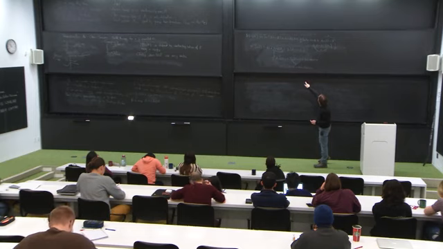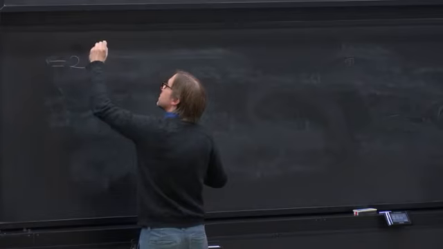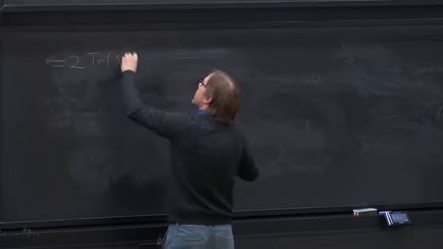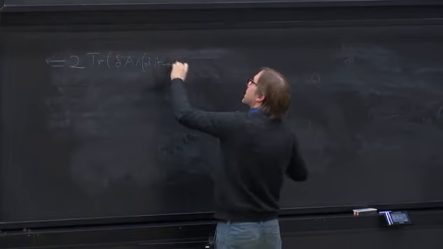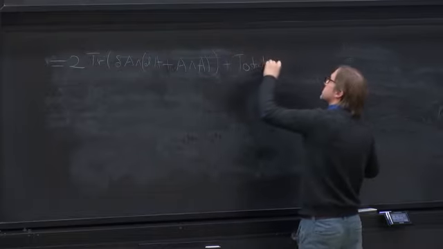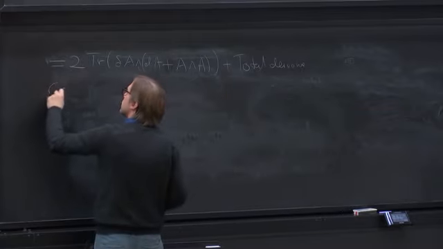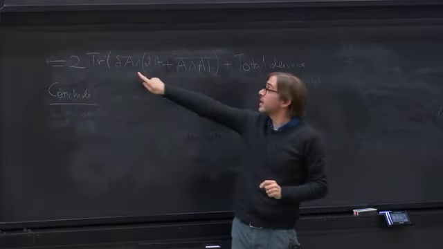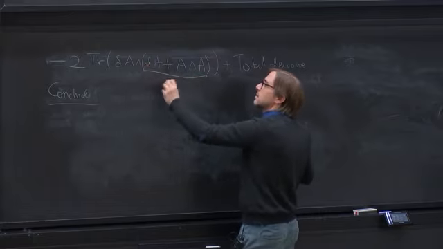Okay, so if we collect all the terms, we'll find 2 trace of delta A wedge (dA plus A wedge A), plus a total derivative. So we conclude: if I want this expression to vanish for any value of delta A, the thing in here must vanish.